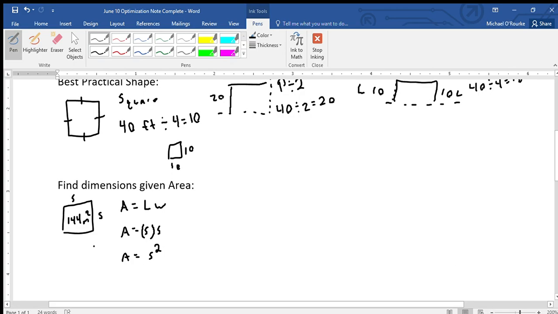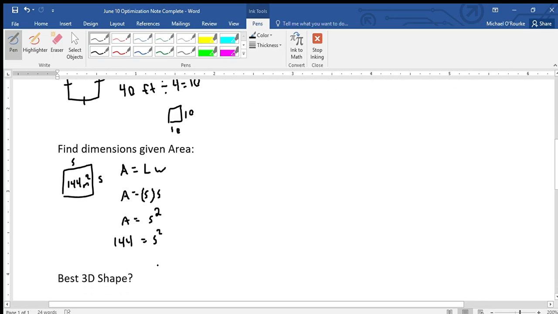Now, we know our area, 144, equals S squared. Now we can just solve for S by taking the square root. So square root of S squared is going to be S, and this is going to be 12. So our sides of this would be 12 and 12.